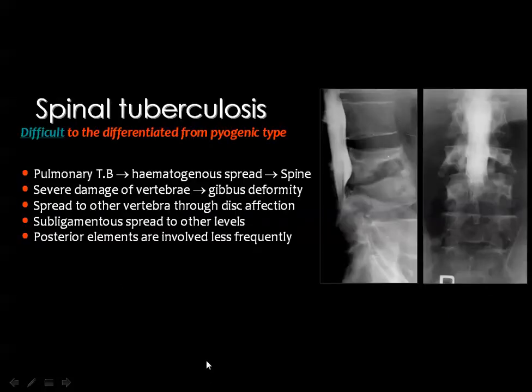Then we came to a very important type of infection, which is TB. And I have to say, and this is well stated in the literature, that tuberculous spondylodiscitis may be difficult to differentiate from pyogenic spondylodiscitis.